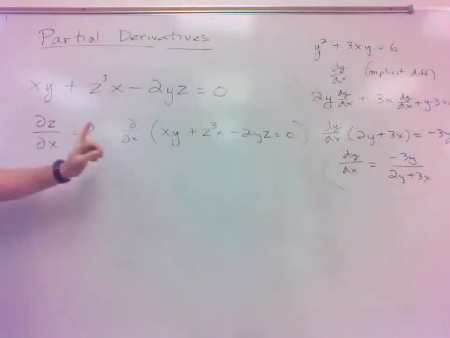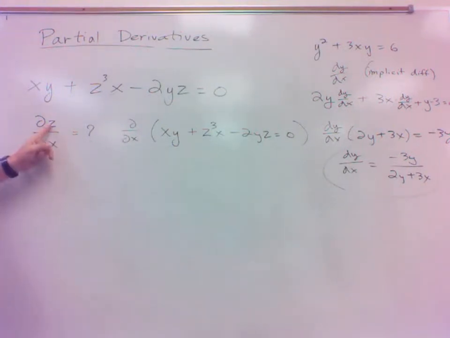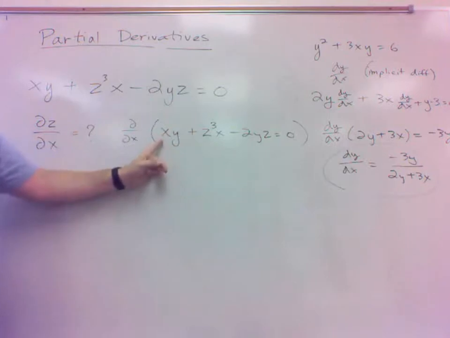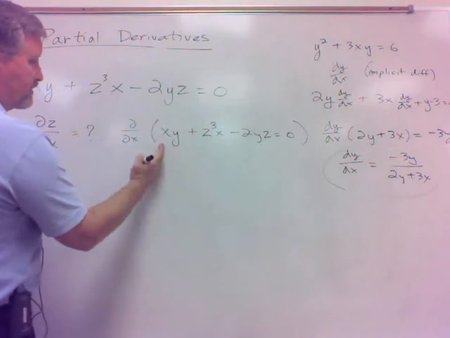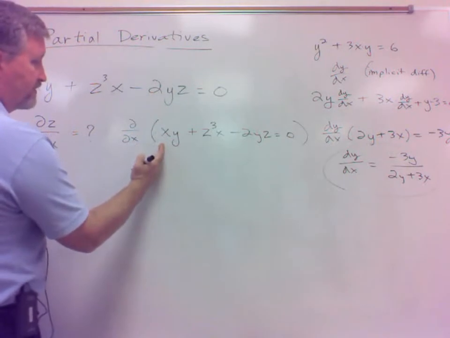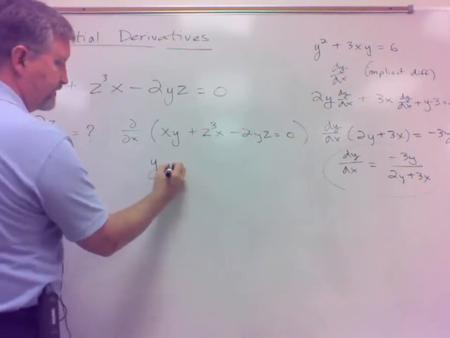Well, that's telling me, of course, I'm doing it with respect to x, and I'm wanting the partial derivative of z, so the y is the constant, right? And so what would this be when I do the partial derivative with respect to x? It would just be y, right? y times 1.